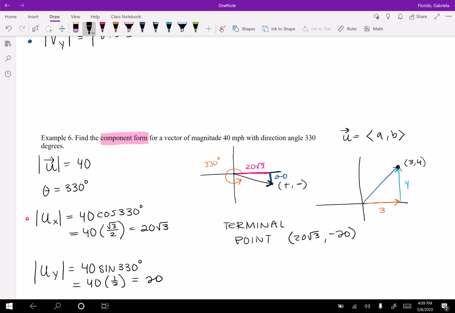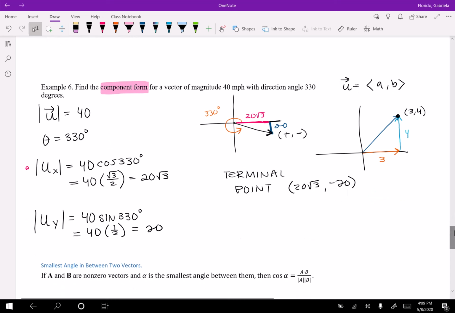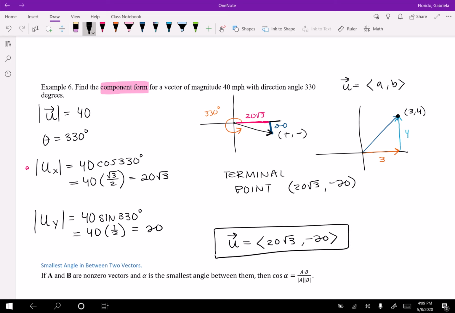And so here we have that u is equal to bracket 20 square root of 3 comma negative 20 bracket. So this denotes that we're talking about a vector here, because we have those fancy brackets.